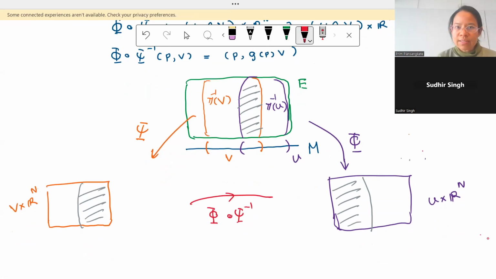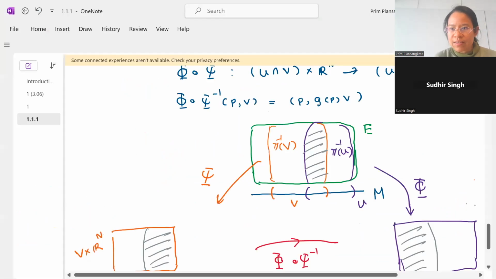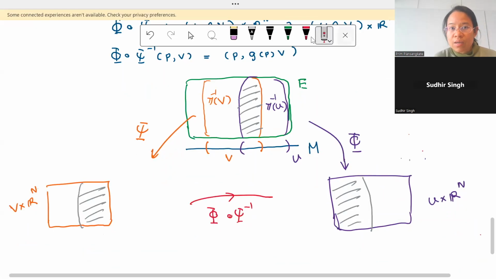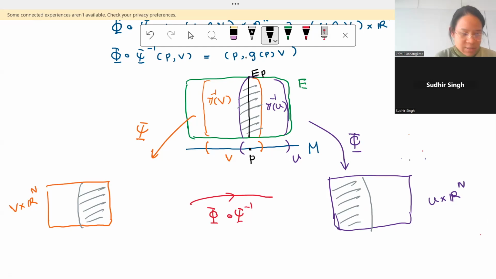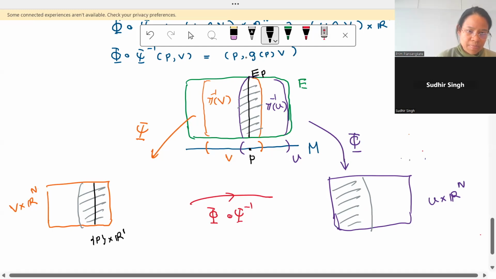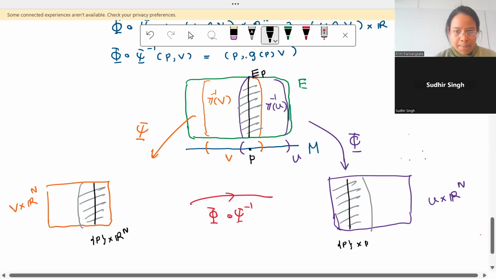So if we look at each point P, so if P is a point here, and you have a fiber E_P, then this fiber is mapped to, over here, P cross R^n. And over here, it's also P cross R^n.